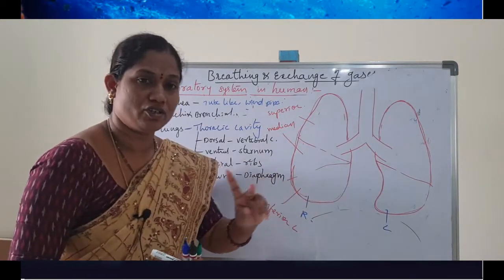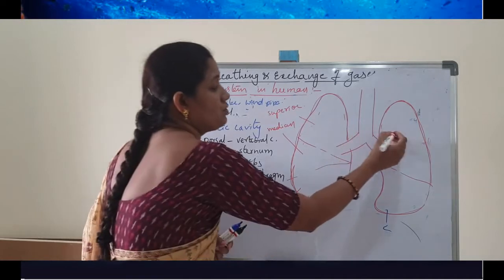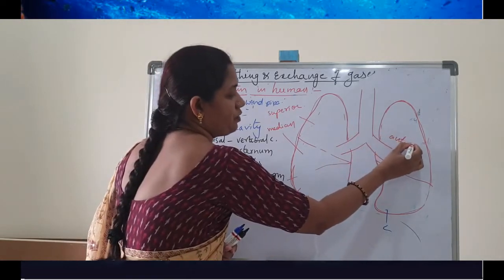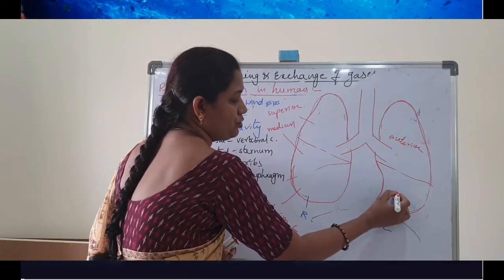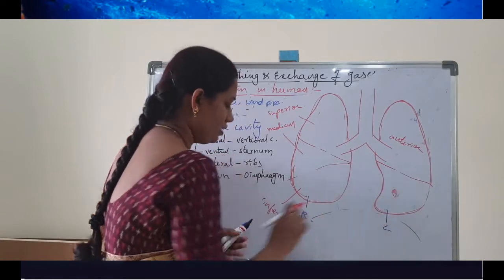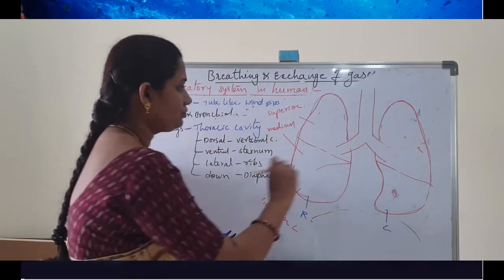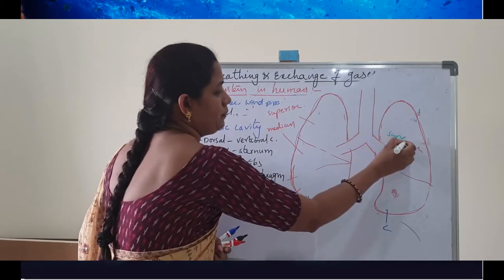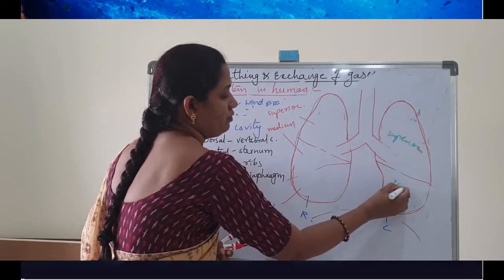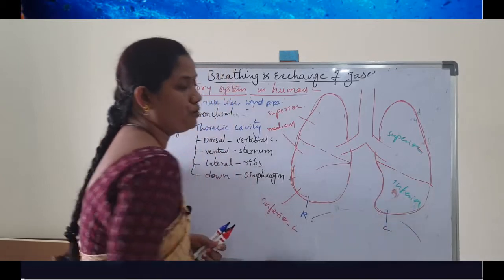The left one divides into only 2 lobes, superior and inferior.